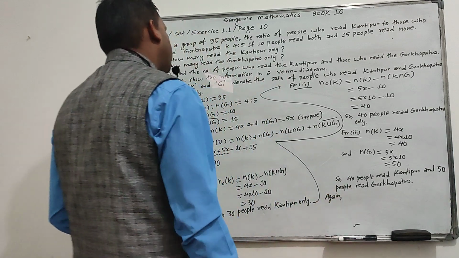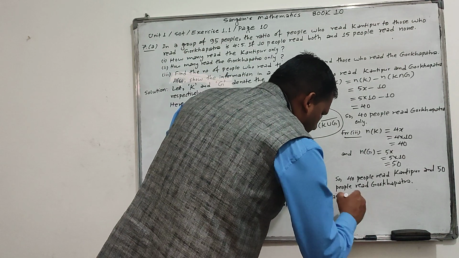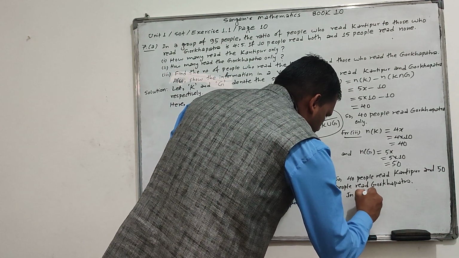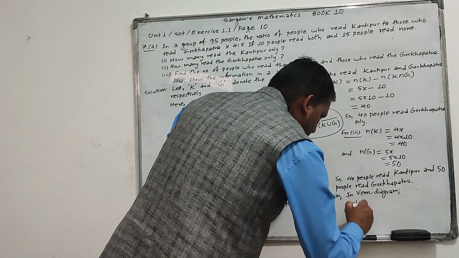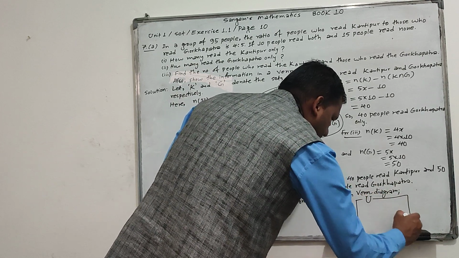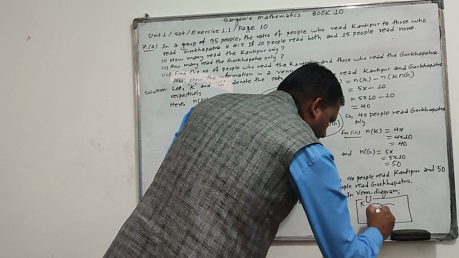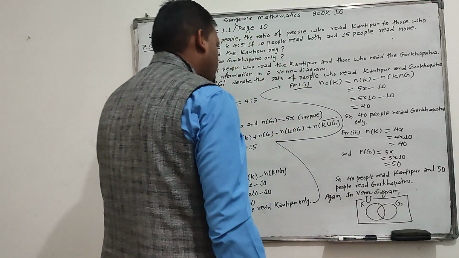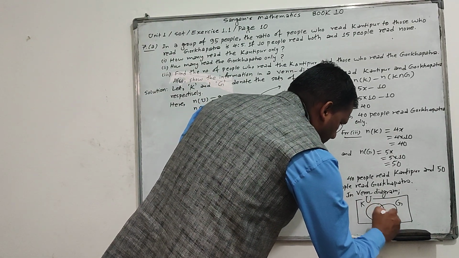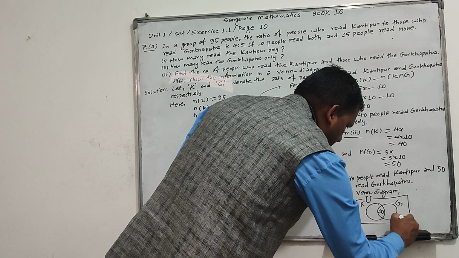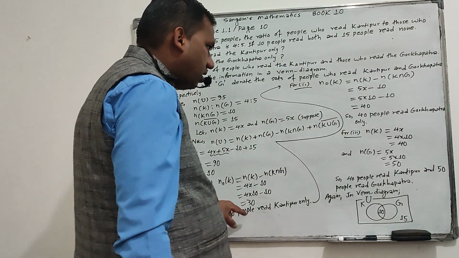Again, the last part: show the information in the Venn diagram. So again in the Venn diagram, this is U, Kantipur K, Gorkhapatra is G. Intersection data is 10, complement 15, so here is 10, there is 15, and n naught K is 30, n naught G is 40.